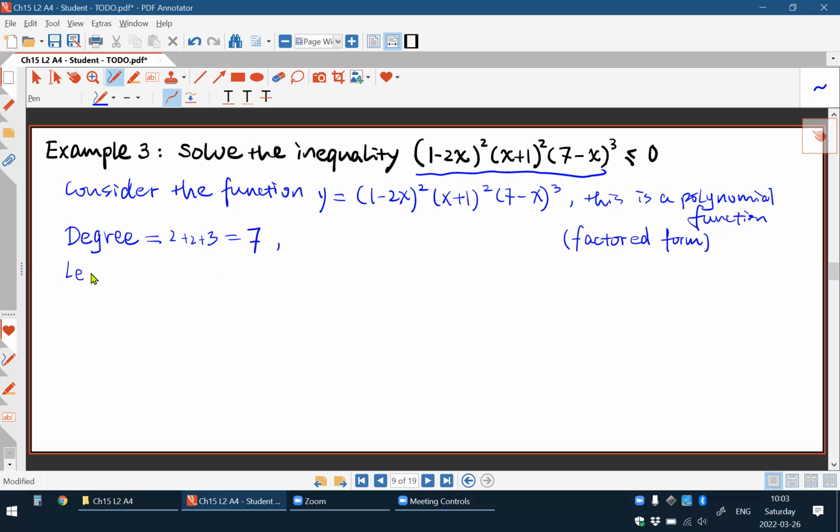Then let's consider the leading coefficient. There is also a shortcut to find it. It's just the product of all leading coefficients in these binomials, right? For the first factor, the leading coefficient is -2.